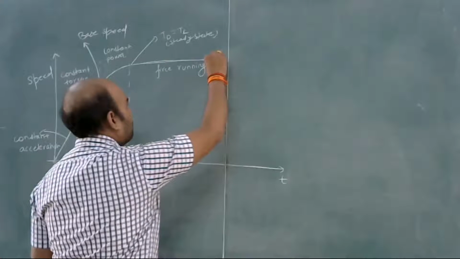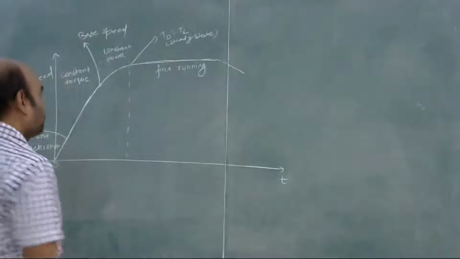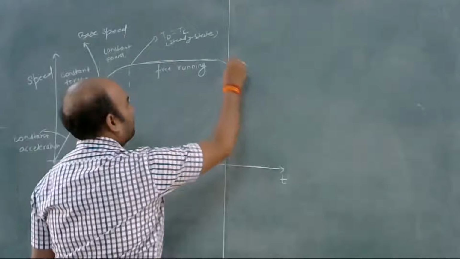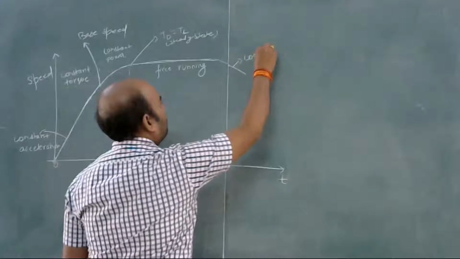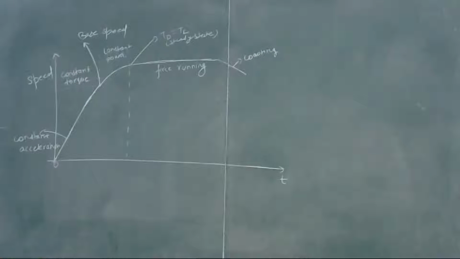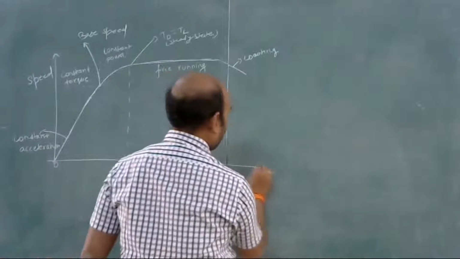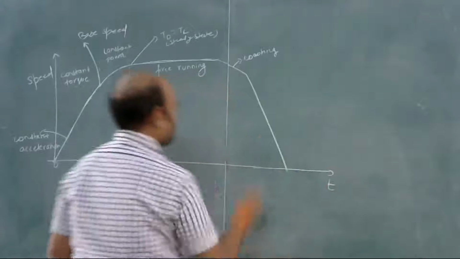Then we switch off the motor here. Okay. So this is the coasting train. So the train will coast due to its inertia, and then we have to stop the train. So we have to apply a negative torque to stop this motor. Okay. So this is braking.